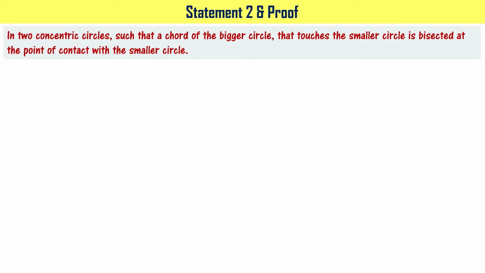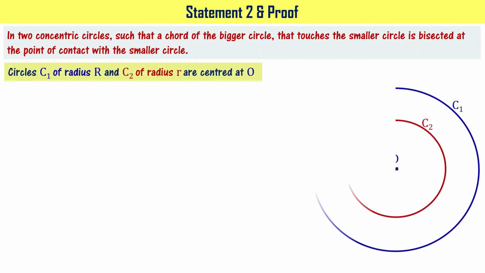In two concentric circles, a chord of the bigger circle that touches the smaller circle is bisected at the point of contact with the smaller circle. To understand this, let's consider two concentric circles, circles C1 of radius capital R and C2 of radius small r, centered at O, right?